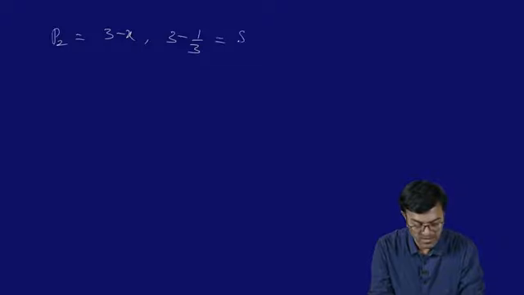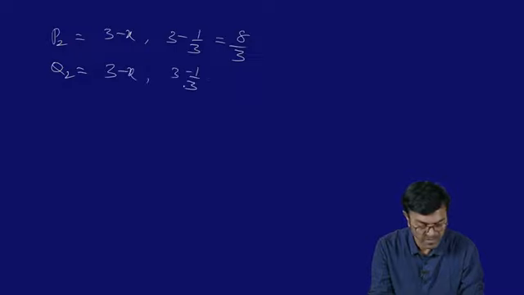When x is 1 by 3, the number of moles of P2 will be 3 minus x, that means 3 minus 1 by 3, that is 8 by 3. Q2 also same, 3 minus 1 by 3, so 8 by 3.